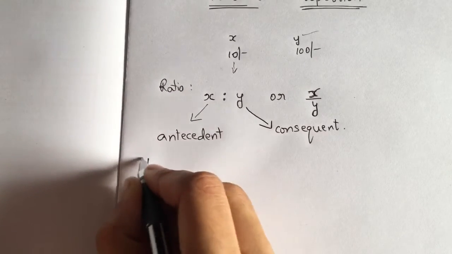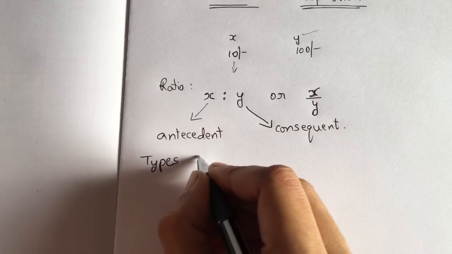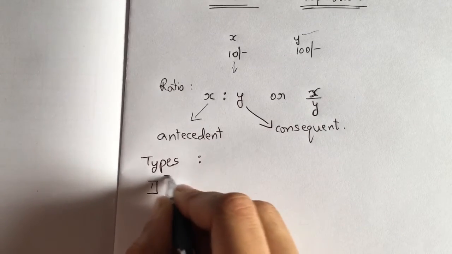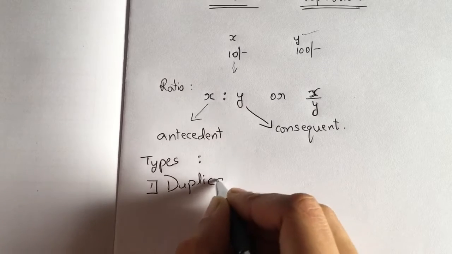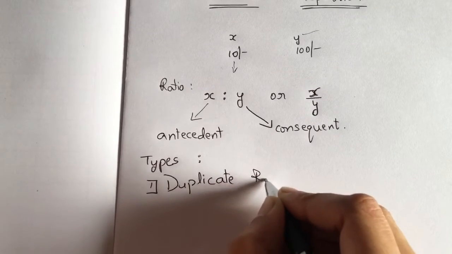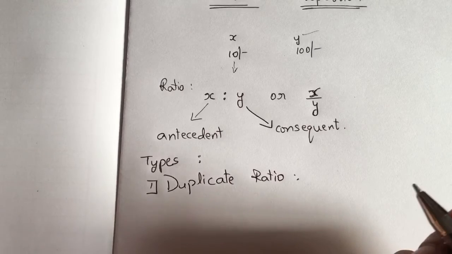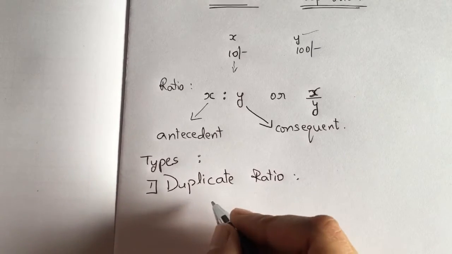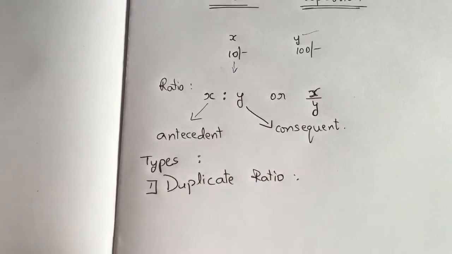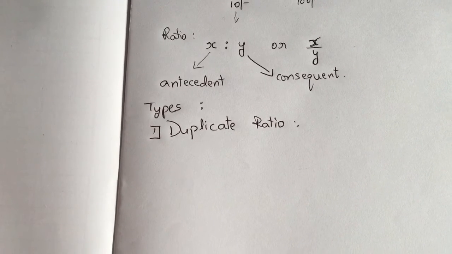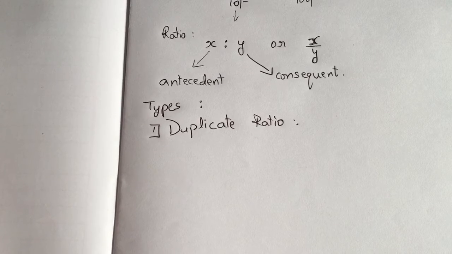First one is duplicate ratio. Suppose A and B are two numbers or two quantities, then the duplicate ratio is nothing but the ratio of squares of these numbers.